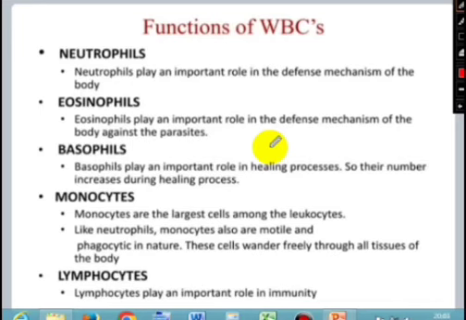For the basophils, they play an important role in healing processes. So their number increases during healing processes. Alright? Basically, their function is in hypersensitivity reactions.